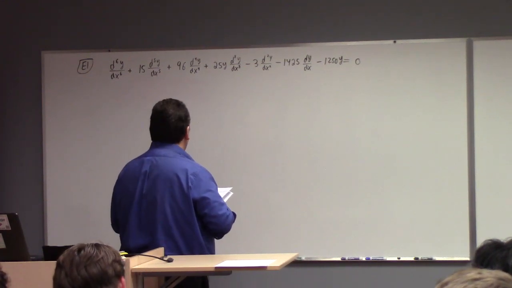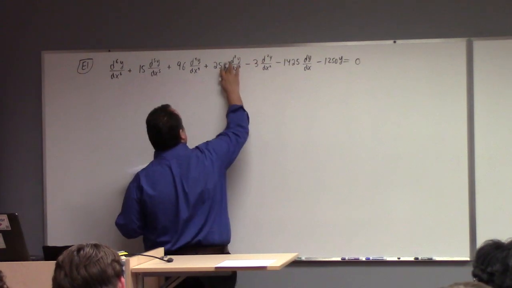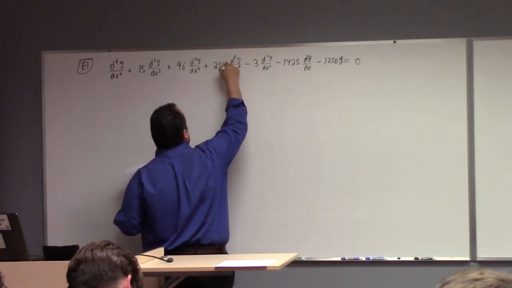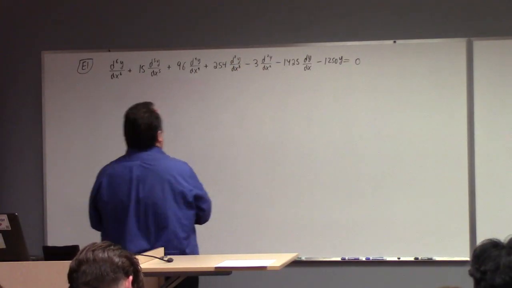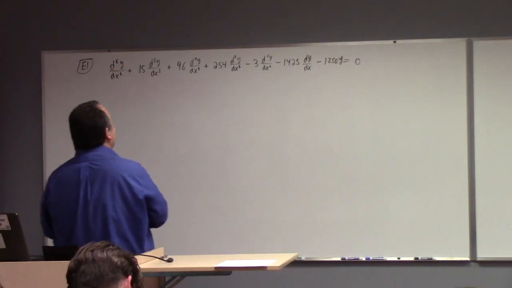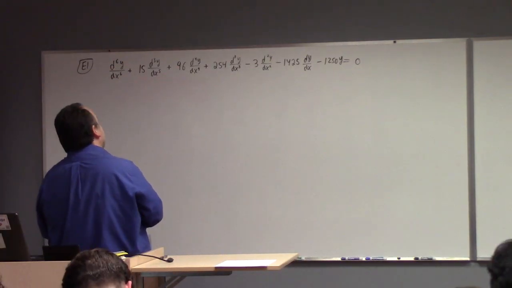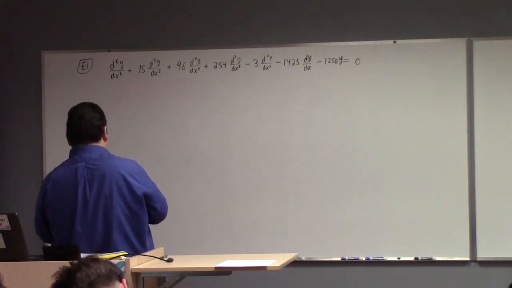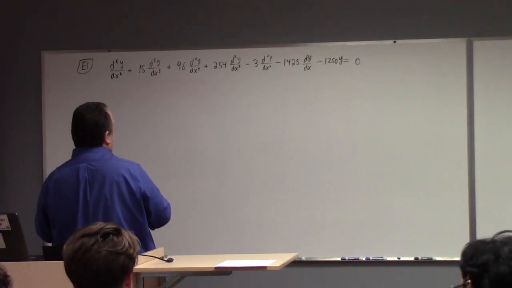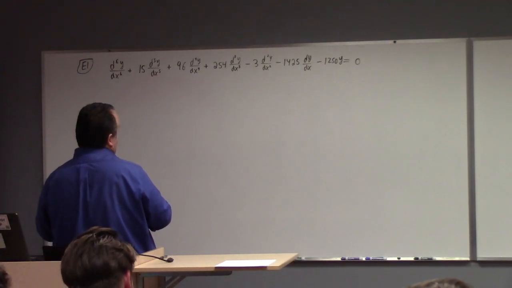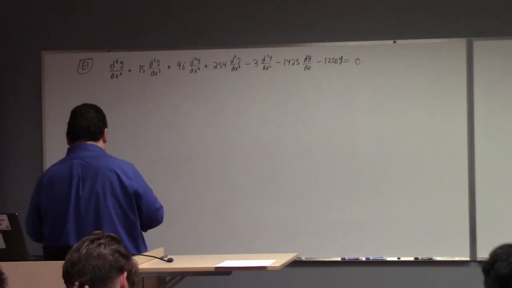That was supposed to be 254, but I seem to have made an error. I wonder what else I've done. Let's take a look back. 15, 96, 254, minus 3, 1425, 1250. All right, very good.